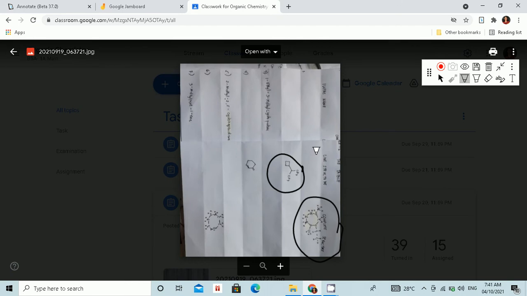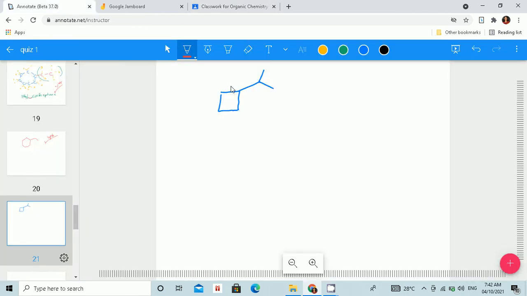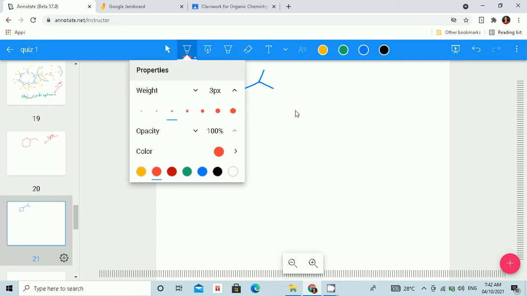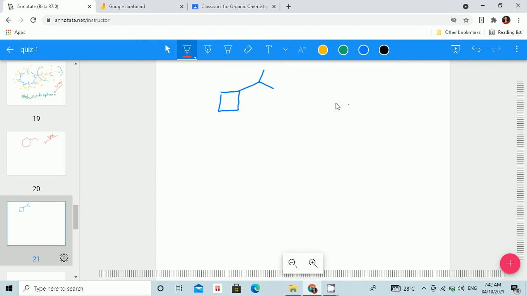We are given a structure, and the structure is this one. So how are we going to name this one? Of course, the name has cyclo.